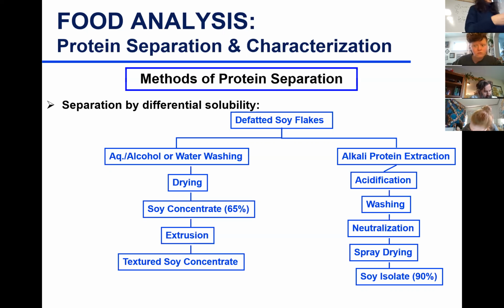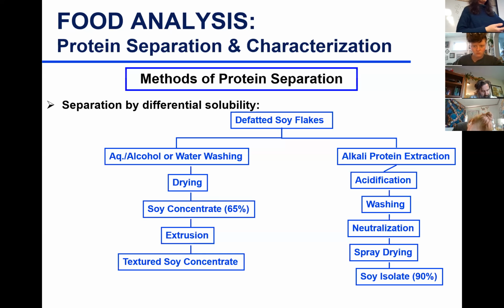Now you have sugars, protein, and soluble fiber, and you want just the protein. You acidify, which means you precipitate at the isoelectric point of this protein. 4.5 is the isoelectric point of soy. So you precipitate the protein and you throw out your soluble fiber, soluble sugars, and some salts. So you have protein in the precipitate.